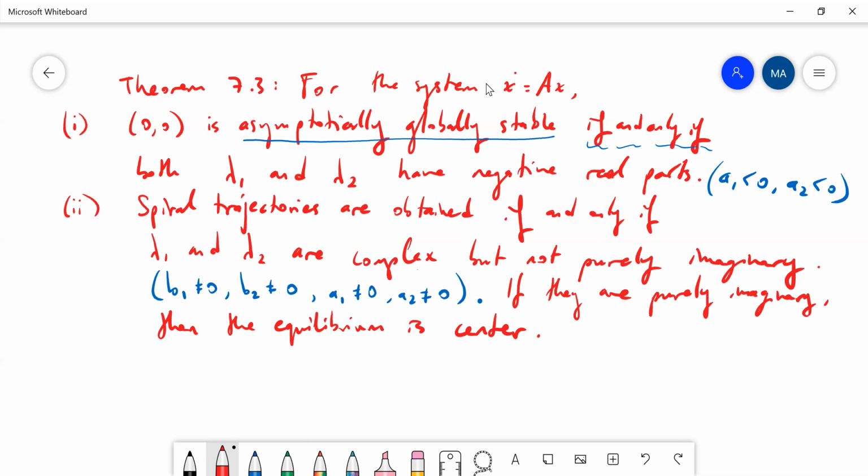So remember, these are spirals, right? These are spirals, and this is centered. Okay? Don't forget.